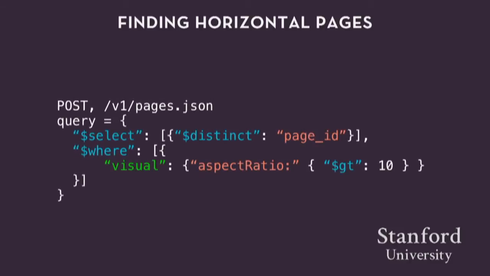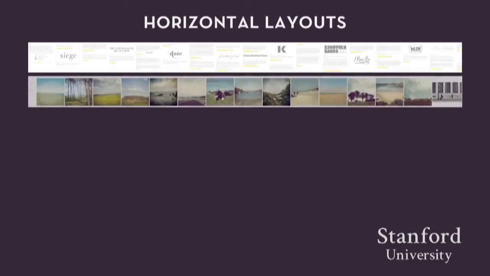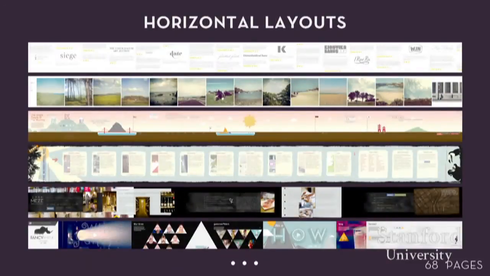With Website Geist, designers can dynamically curate design galleries in a matter of seconds. Here's a simple query written in DQL, which searches the repository for pages with screenshots that have an aspect ratio greater than 10. That is, pages that are 10 times wider than they are tall. And here's what we get when we execute the query.